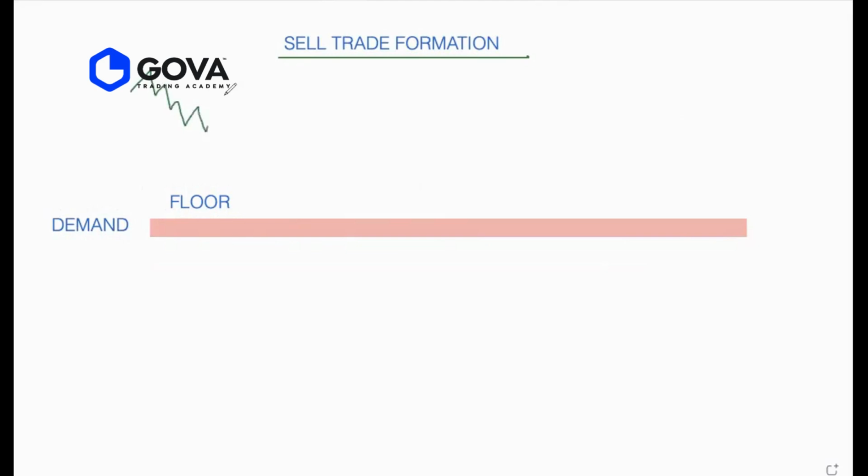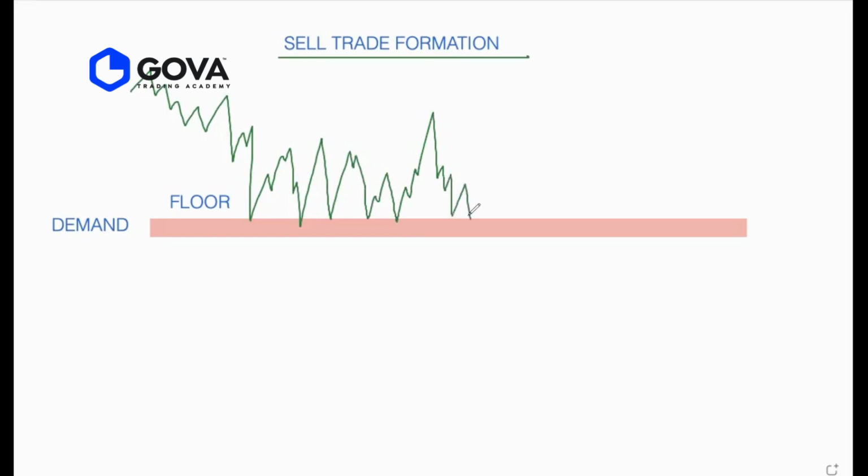Market price has been playing around the area like this. As you can see, market is bouncing on the floor and rejecting from there. And then suddenly market price dropped down from here.